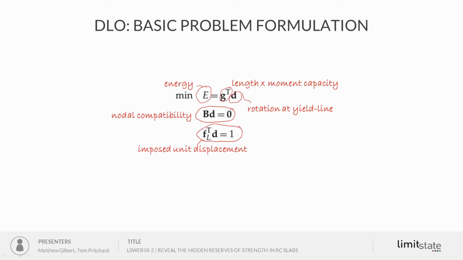In terms of the mathematics, basically what we're doing is finding the minimum energy solution for the problem, subject to a unit displacement constraint, using the principle of virtual work and nodal compatibility constraints. And the nodal compatibility is kind of the key to it.